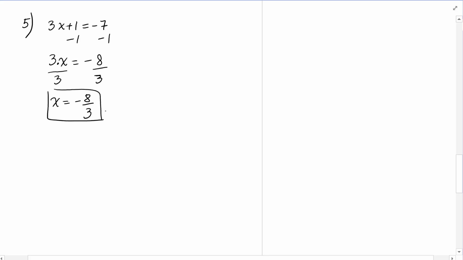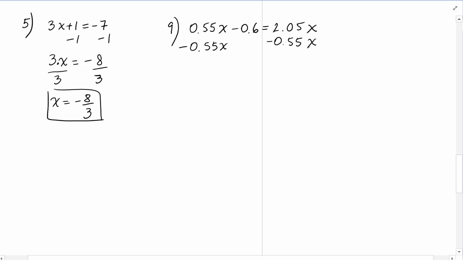Let's solve problem 9. 0.55x minus 0.6 equals 2.05x. So in this problem, we have decimals. We also have variables on both sides. So what I'm going to do is subtract 0.55x from both sides. That way we are going to have x only on one side.